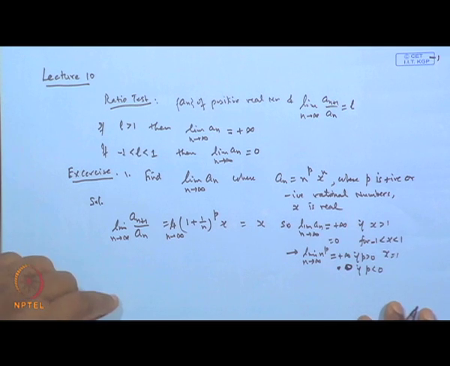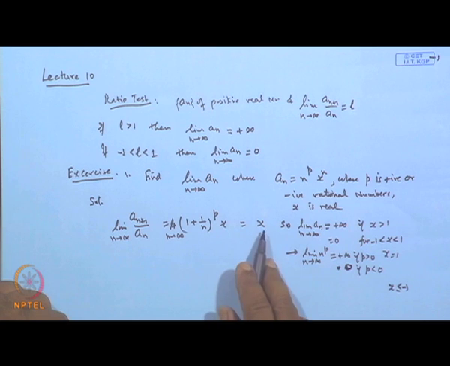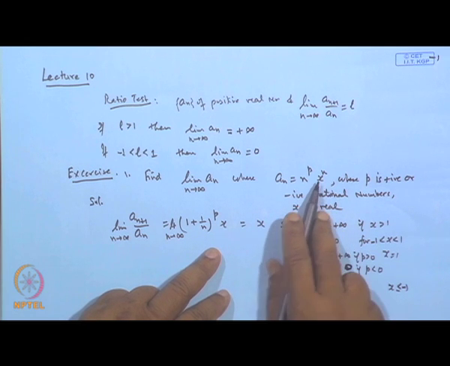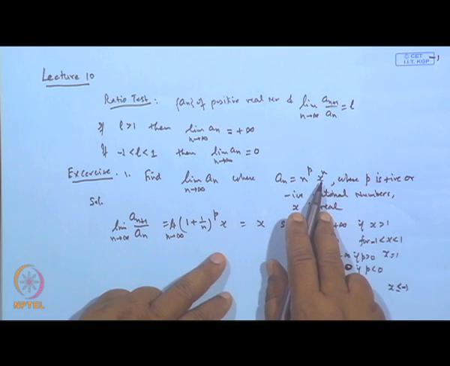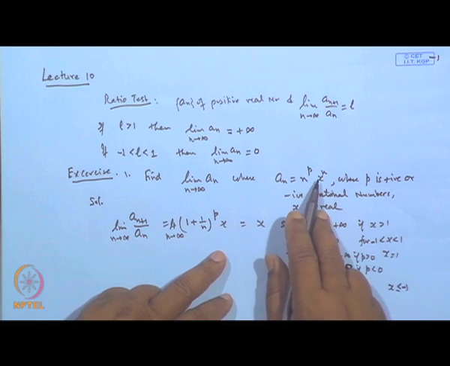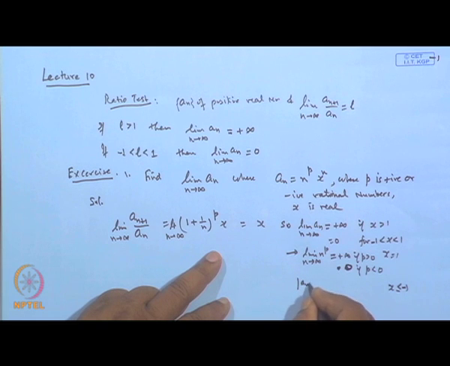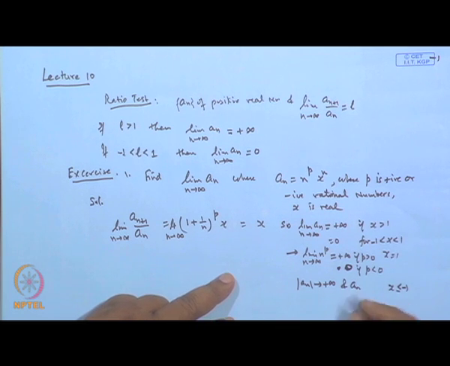Okay. And if x is less than or equal to minus 1, then what happens? The sequence is minus 1 to the power n, and then it will keep on oscillating. So, the mod of a n will go to plus infinity and a n is oscillatory infinite.